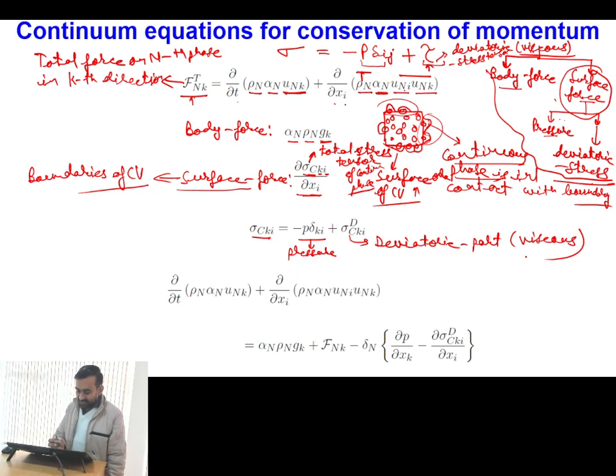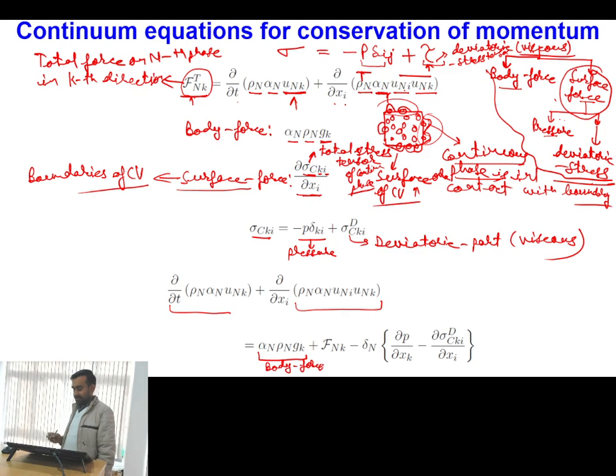Now, if I do the substitutions of F and K T, what will I get? This remains as it is for the nth phase; we don't have any change. But on the right hand side, the first term is representing which force? Body force.